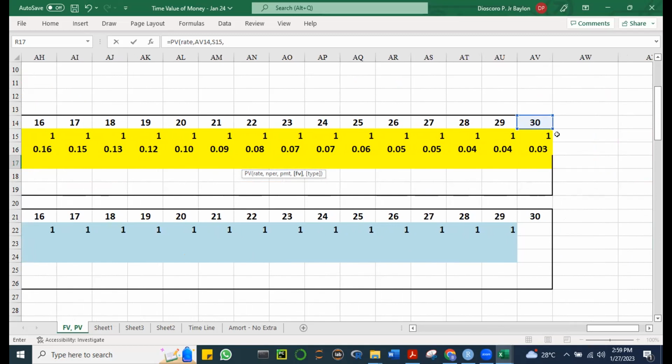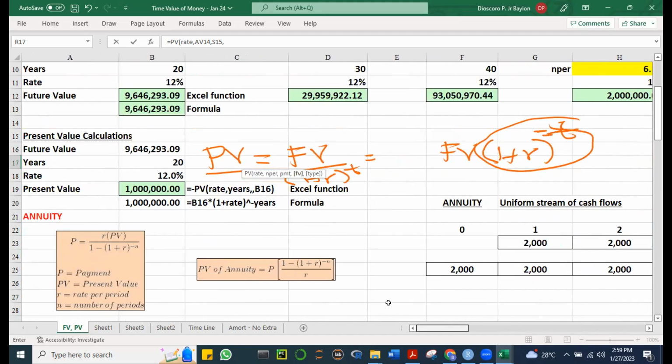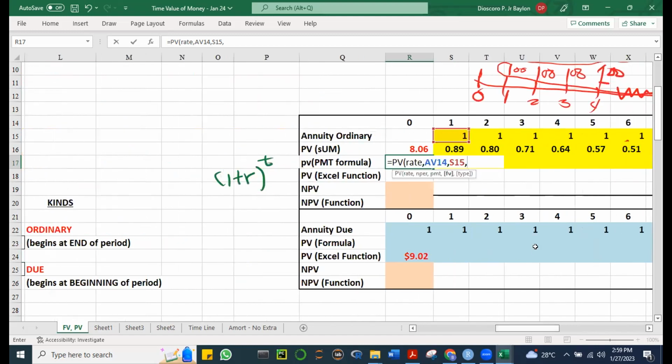For example, if at the last period the cash flow is 10, then it's actually an annuity of 1 and then another 9 here. So we can put in our formula a 9 at the end. So there's no future value.